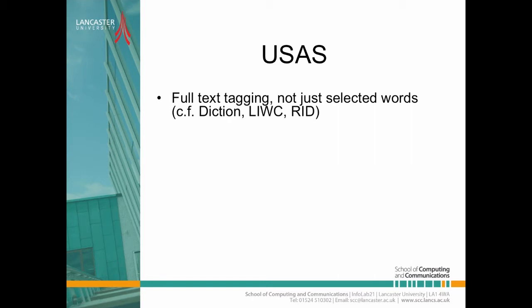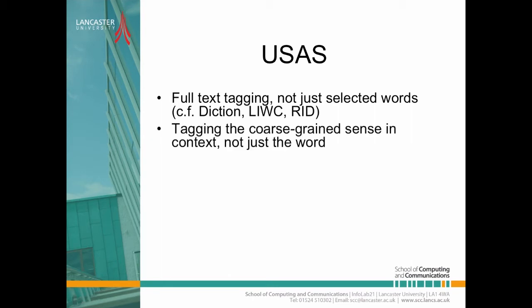Some of the applications, particularly in the content analysis area, such as Diction, LIWC, or the Regressive Imagery Dictionary, just take part of the set of words in the vocabulary and allocate meanings or senses, or try to pick out content in certain areas. What we wanted to do was to semantically annotate every word in the text.